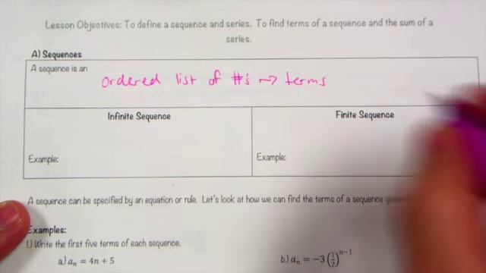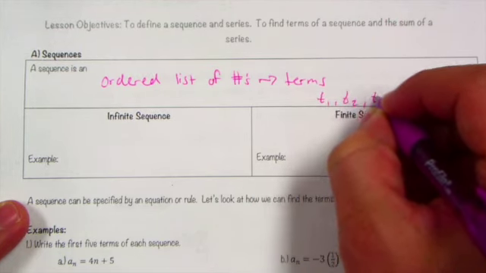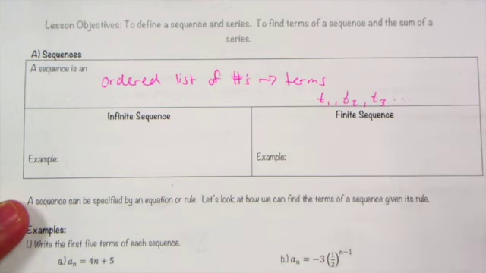For example, term 1, and then term 2, and then term 3, and so on. That would be a sequence. It's just a series of numbers listed with commas and everything like that.